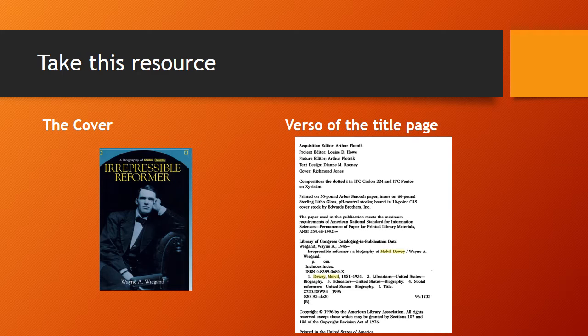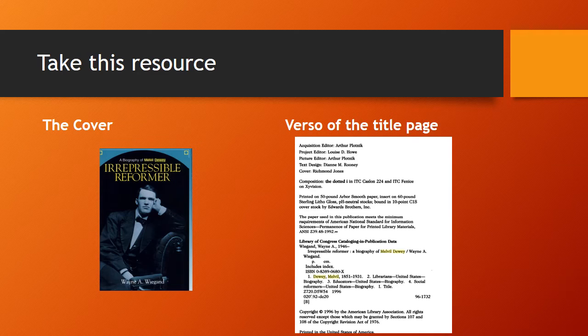as a bibliographic description, we can look down at this Library of Congress cataloging and publication data. And we see that Wiegand, Wayne A., 1946 dash is how the author is described here.